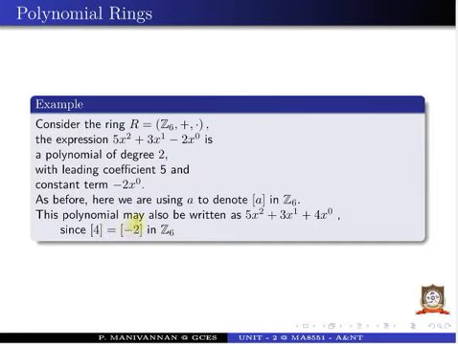Minus 2 can be rewritten as a positive value: minus 2 plus 6 equals 4. Since here the modulus is 6, we add 6, the congruence classes must be the same, so we replace minus 2 by 4.